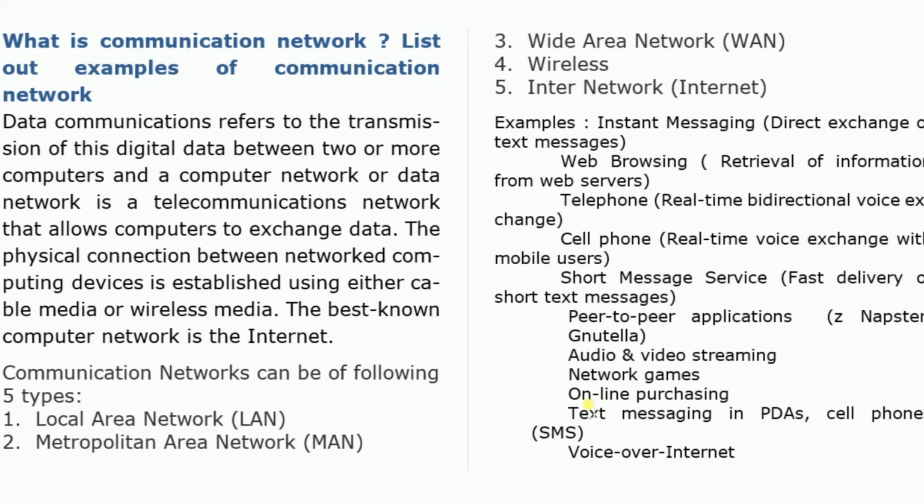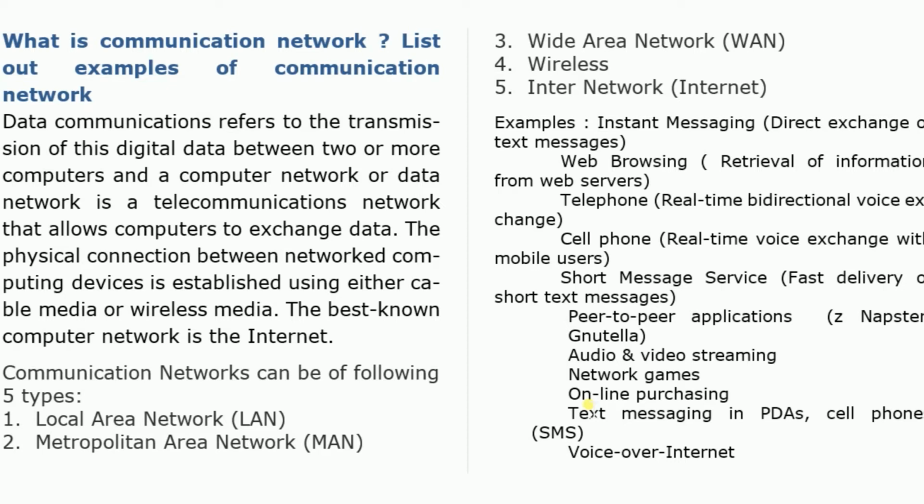On that basis, there are two types of network: cable network, cableless network. That may be cable media or wireless media. The best known computer network is the internet. And as you know, the internet is one type of network which we are using in both modes, maybe with the cable, maybe without cable.